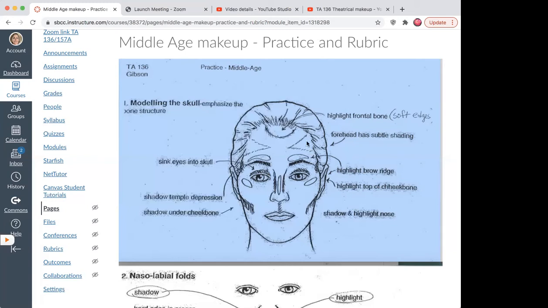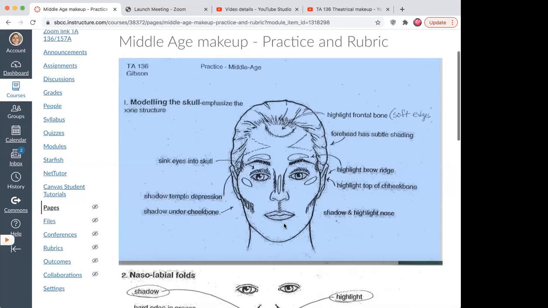It may not be exactly this exaggerated as this face. A little bit of highlight here on the skeletal structure for the frontal eminence. Same, you're going to highlight your bridge, shadow the nose, highlight your cheekbones, the top of the cheekbone, and shadow underneath the nose, and probably shadow here.